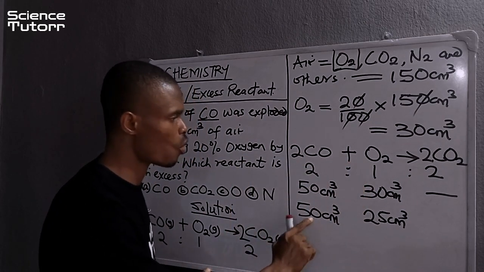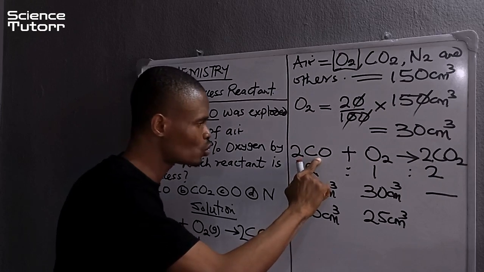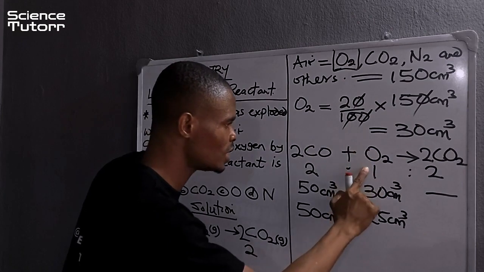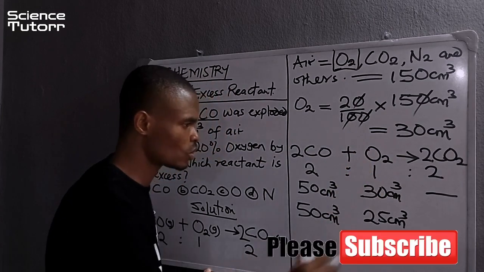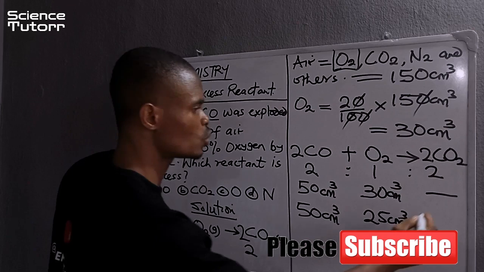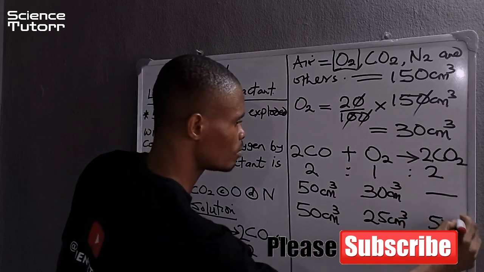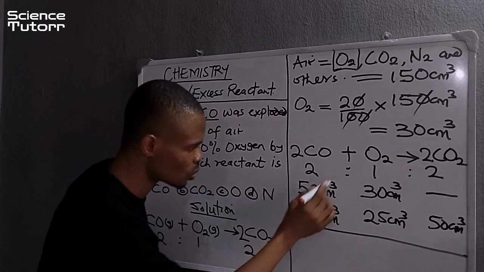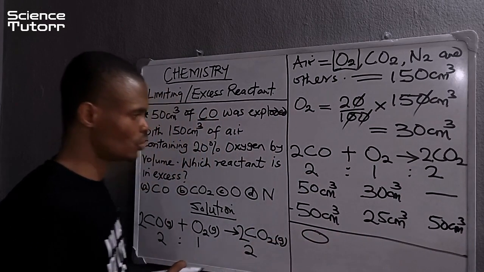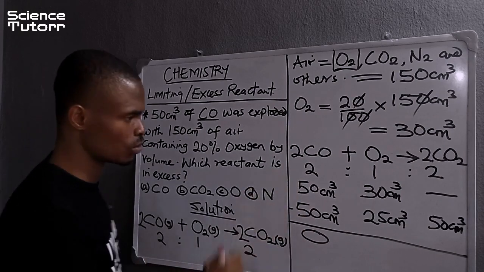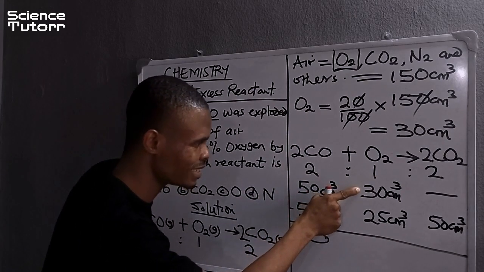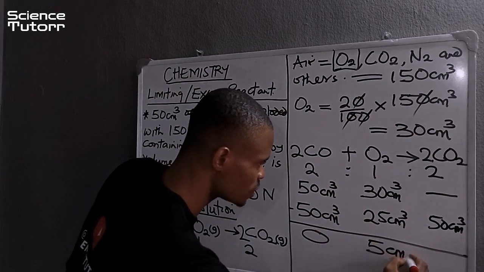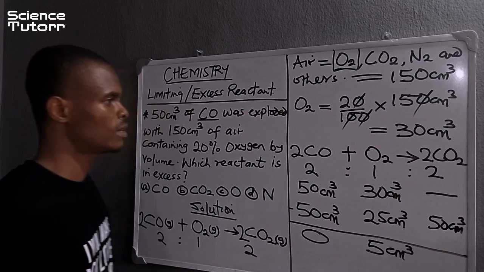So half of the volume of carbon monoxide will be used because the ratio for oxygen is 1. At the end of the day, we simply subtract. This automatically gives us 0 because 50 minus 50 is 0. In this case, we have 30, and 30 minus 25 will give us 5 cm³ left.